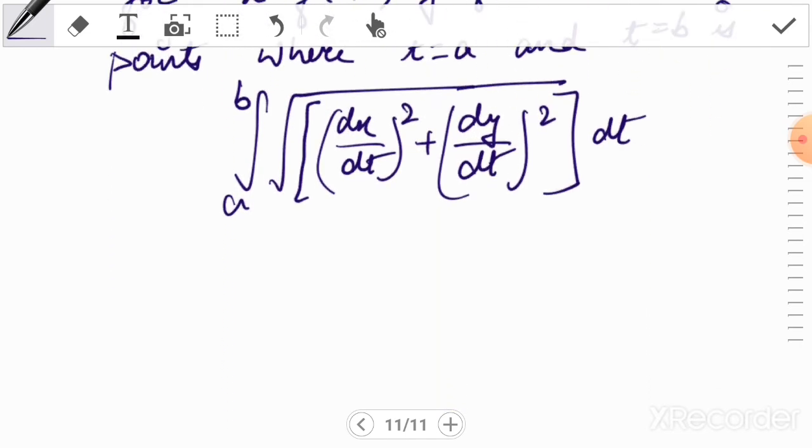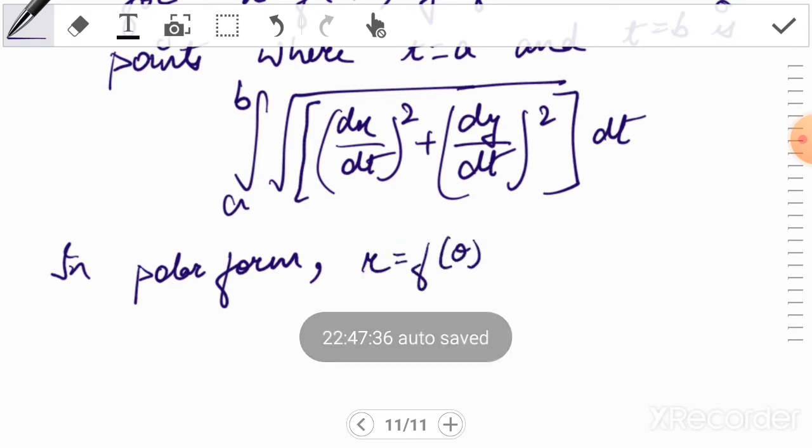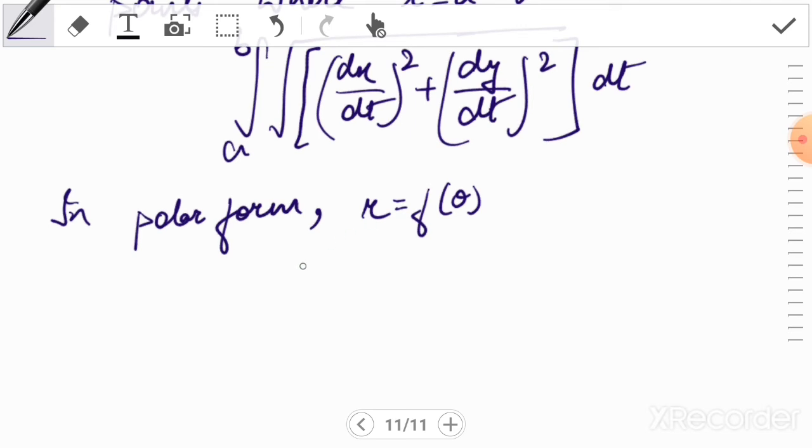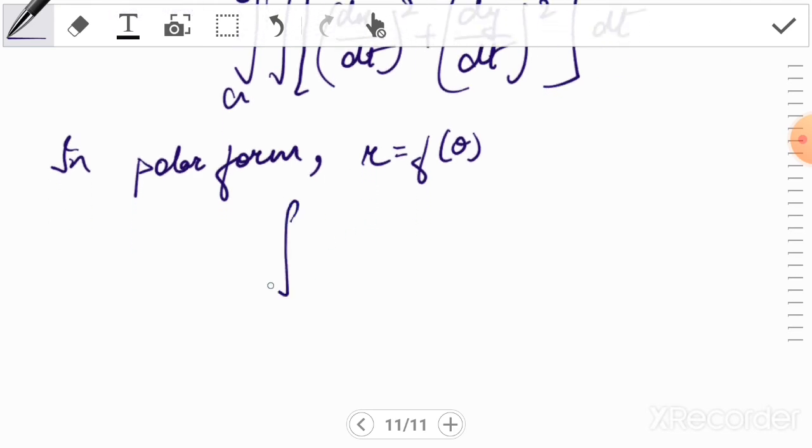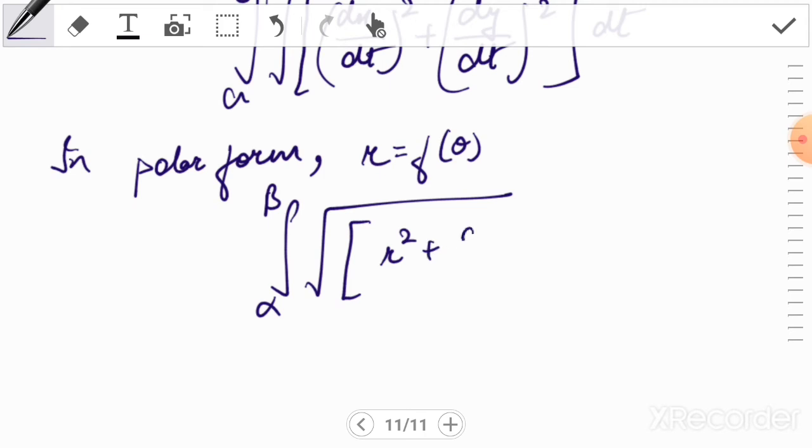And in polar form, r = f(theta), we have integral alpha to beta root under r square plus (dr/d theta) whole square d theta, right?